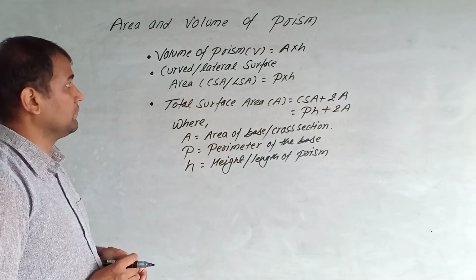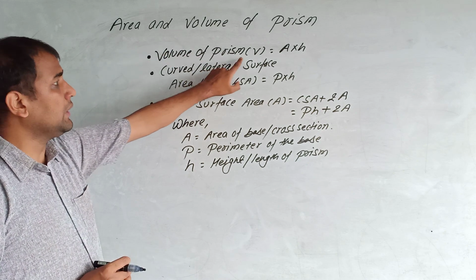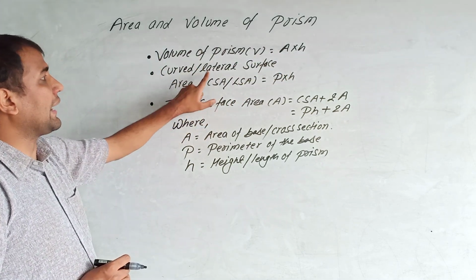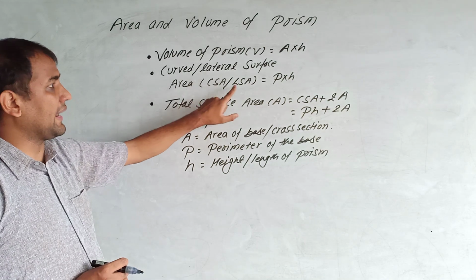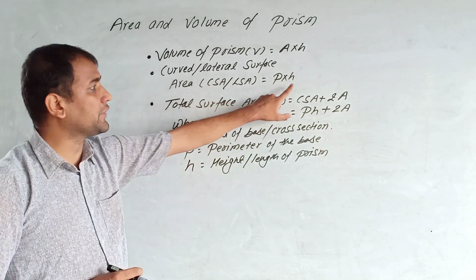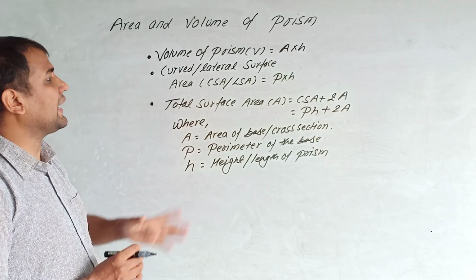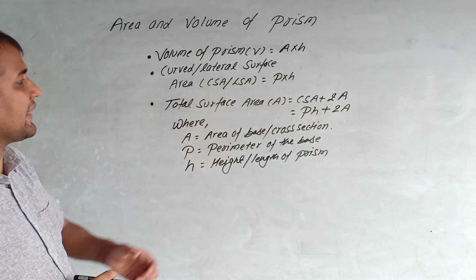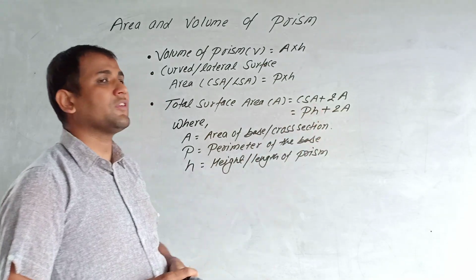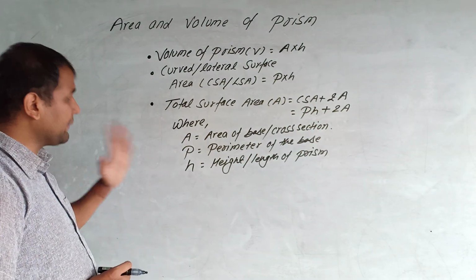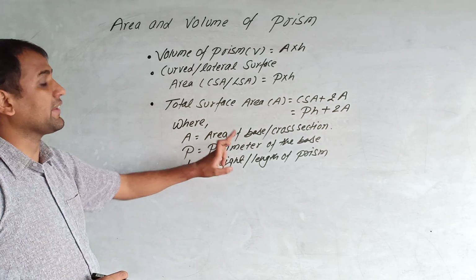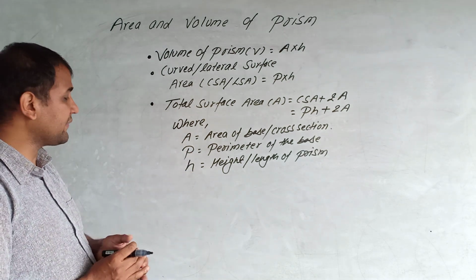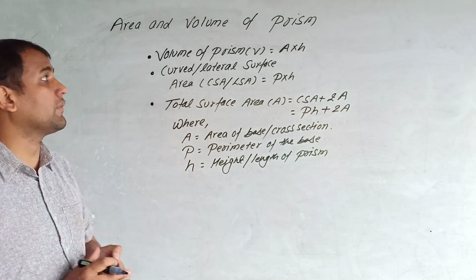Remember that volume of the prism V is equal to A into S. Curved surface or lateral surface area, CSA or LSA, is equal to P into S, and total surface area is equal to CSA plus 2A, 2 times the base area, where A is the area of base or area of cross section, P is the perimeter of the base, and S is height or length of the prism.